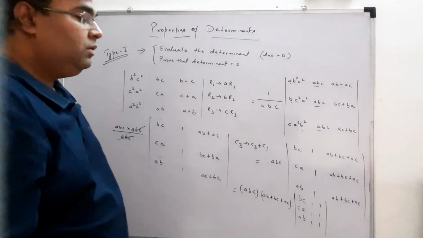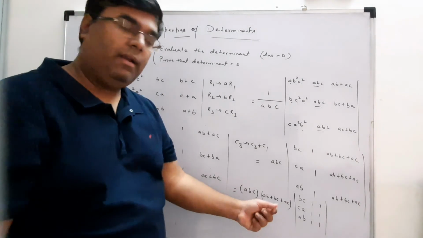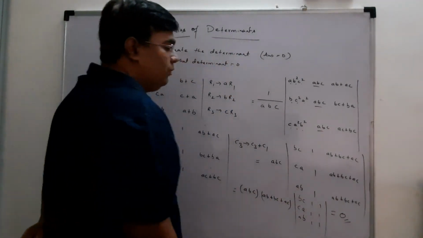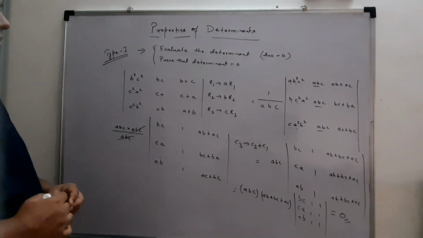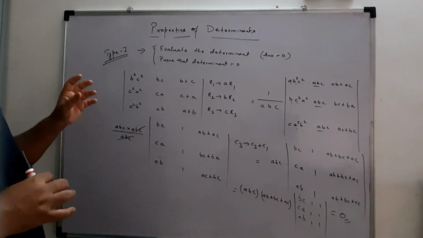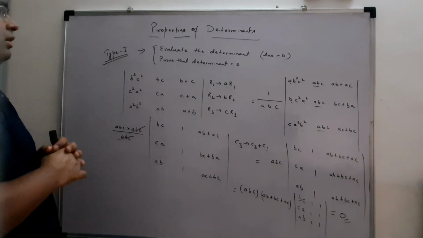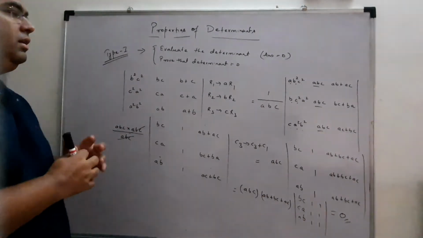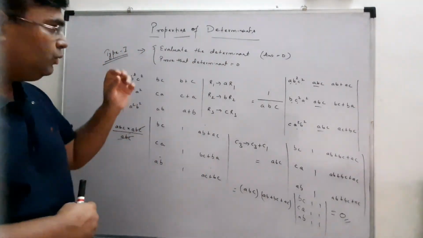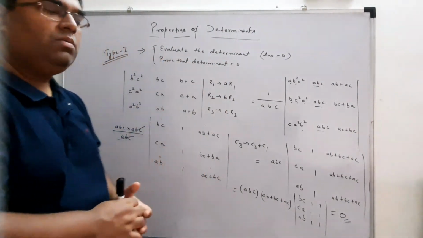Correct? Now my two columns are identical, so we can write it as 0. Right? So we have learned how to solve type 1 problems where either we need to find the value of the determinant and the answer is 0, or we need to prove that the determinant is equal to 0.